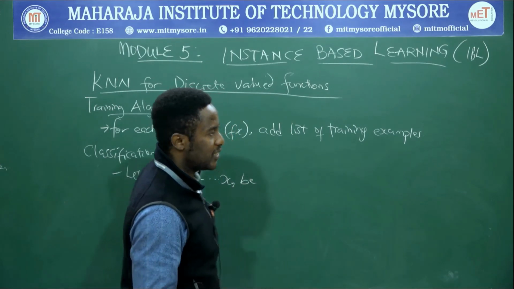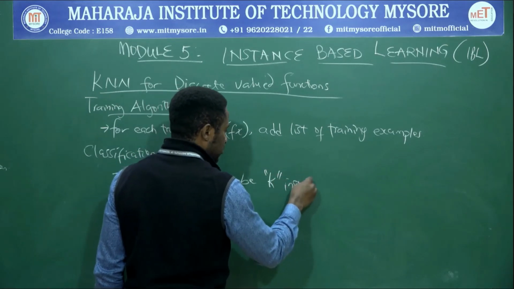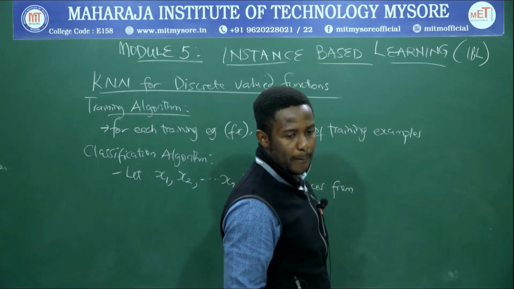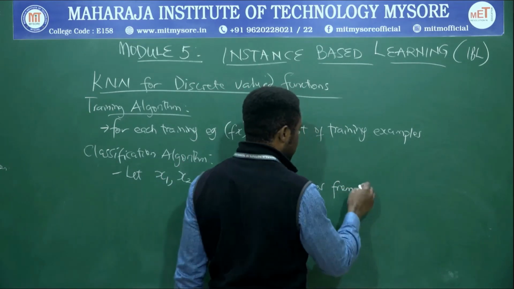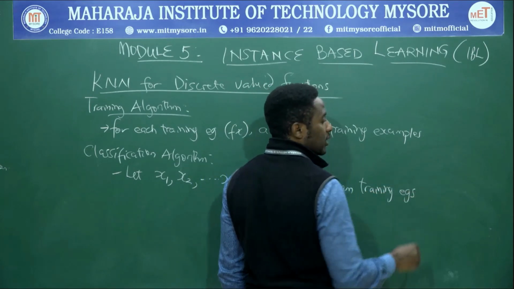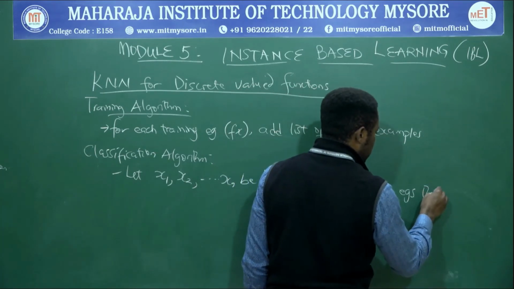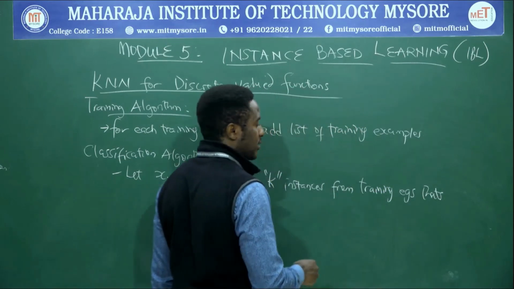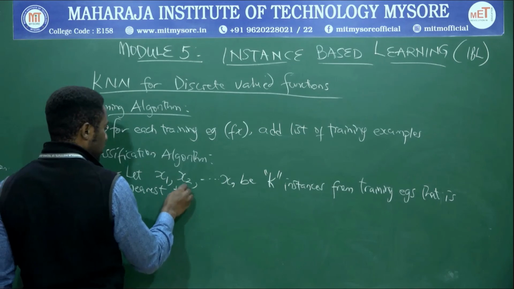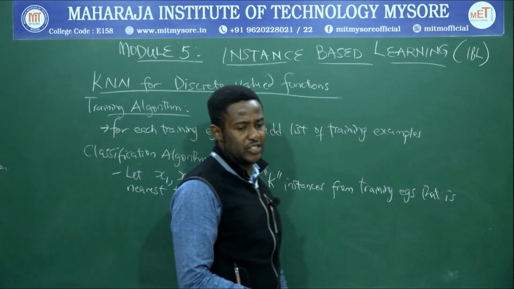Let x1, x2, down to xn be K instances from the training examples that are nearest to x of q.